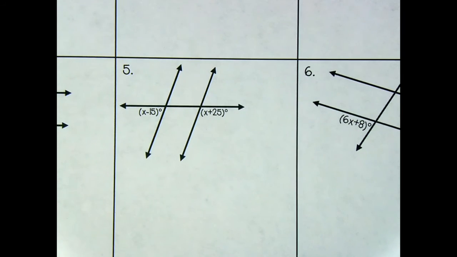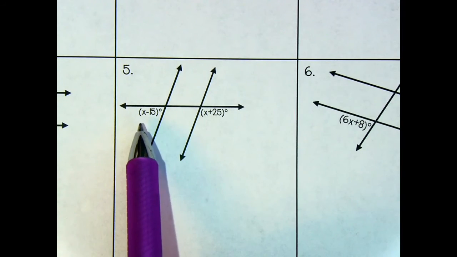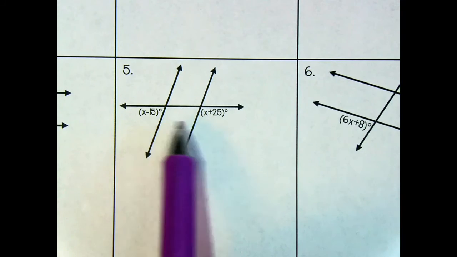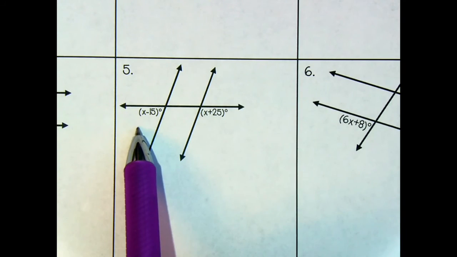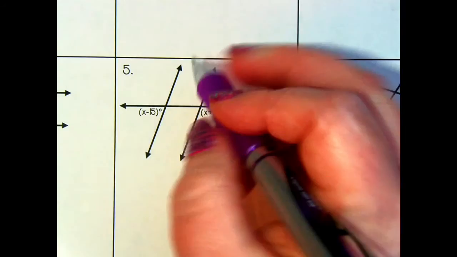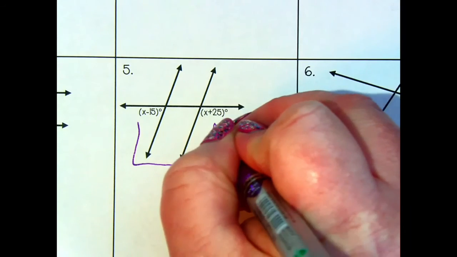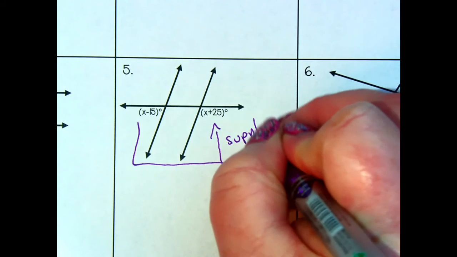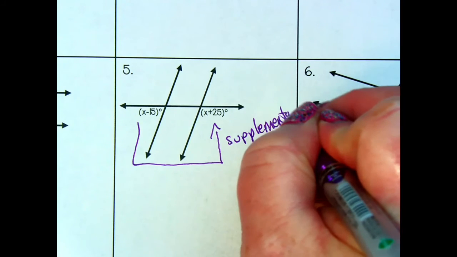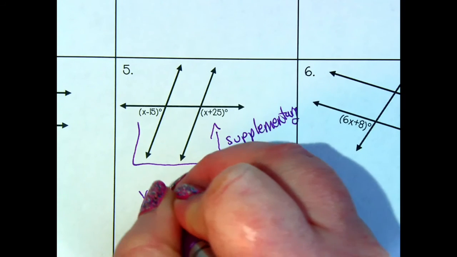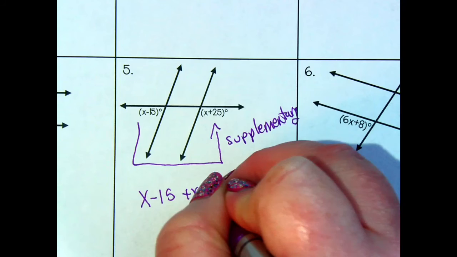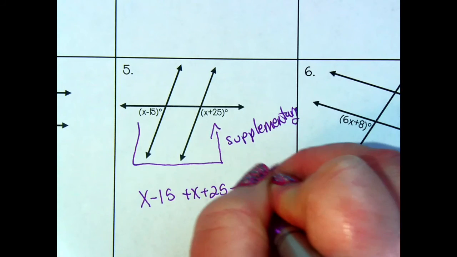There is not a listed or named relationship, but if we remember back to earlier in the video, we know that these will be supplementary, and therefore I know that x minus 15 plus x plus 25 will equal 180 degrees.